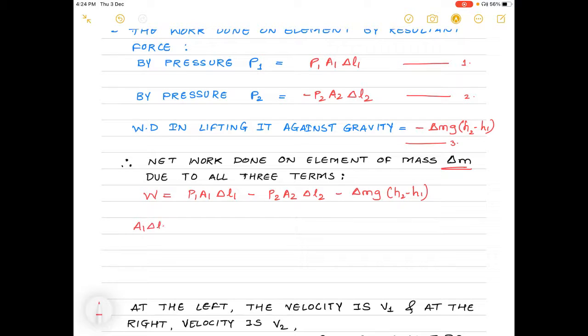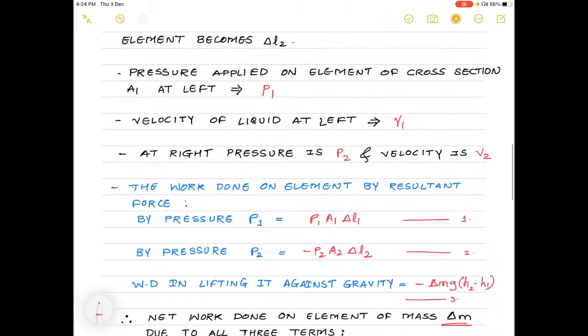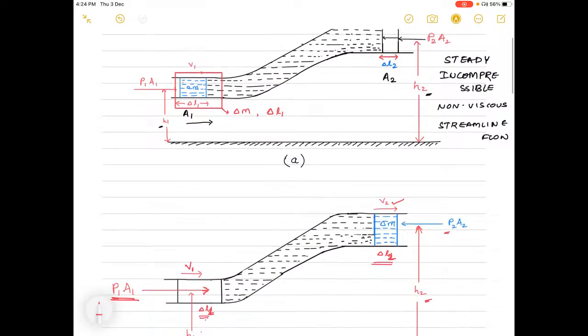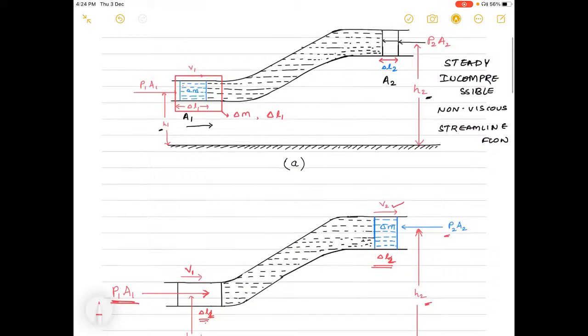Now A1 delta L1 and A2 delta L2, these are the volumes of the shaded element which is shown in the figure. I will take you back to the figure for a moment. Here this is the liquid element which we are trying to push.